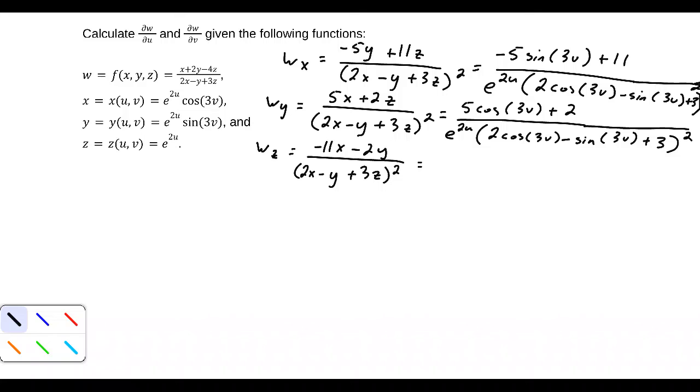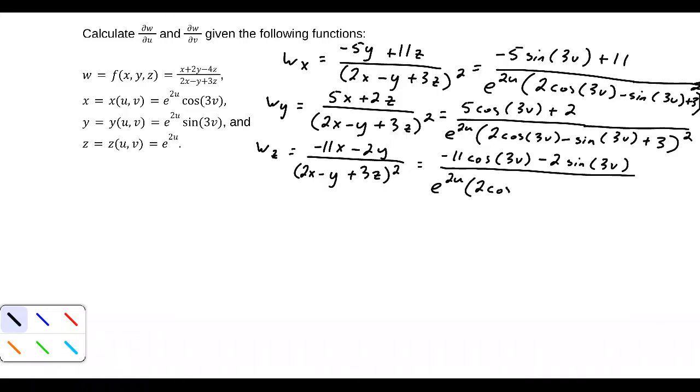And that expression will be equal to a numerator of -11 cos(3v) - 2 sin(3v), and a denominator of e^(2u)(2 cos(3v) - sin(3v) + 3) squared.